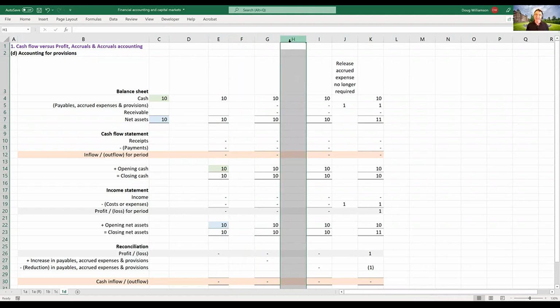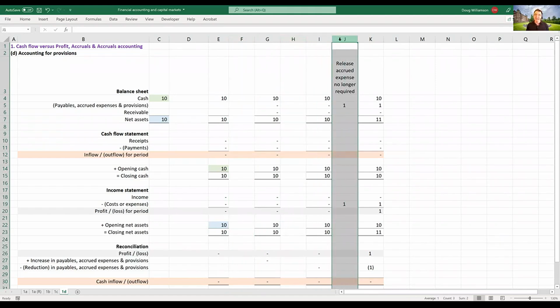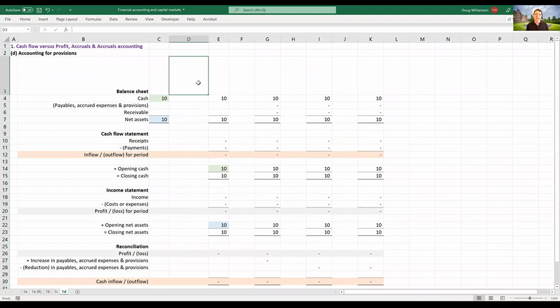So accrued expenses generally relate to things that will be happening in the next period. Provisions might relate to a number of future periods.